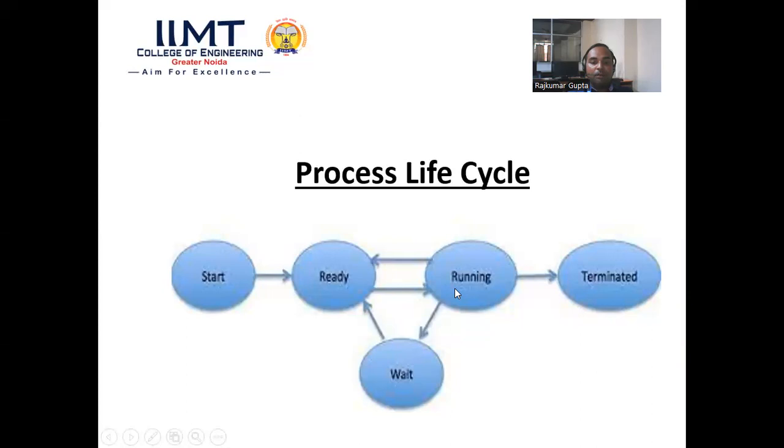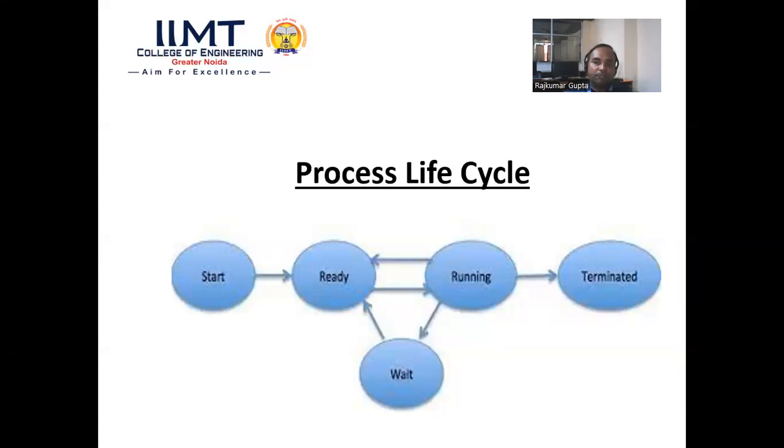If any event occurs or any higher priority process comes, then from running state the process has to move to this state, that means waiting state. You can understand it with a very simple example.